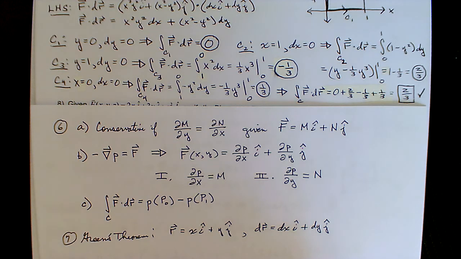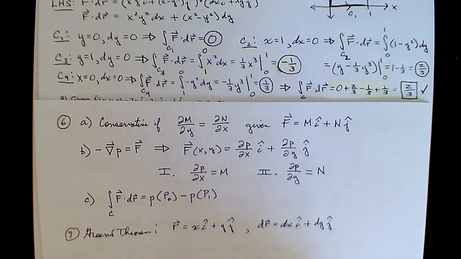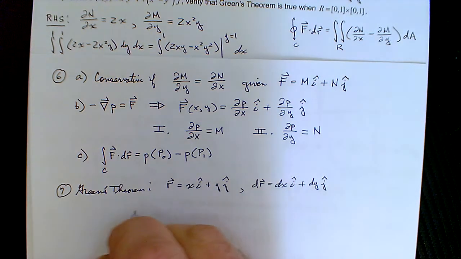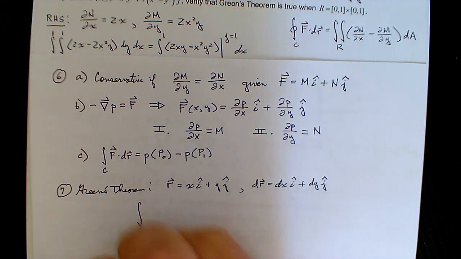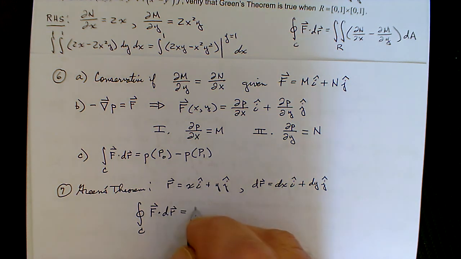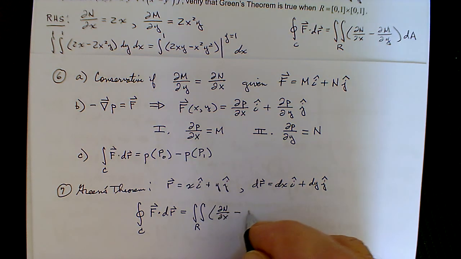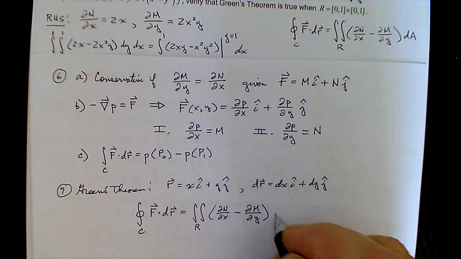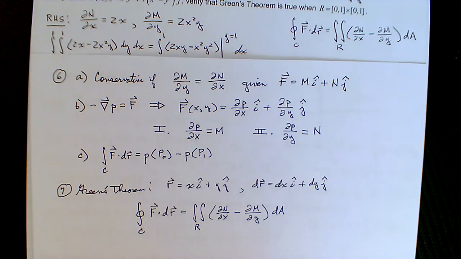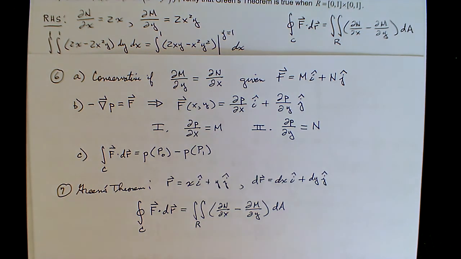And Green's theorem, I stated it in the context of this solution up here for us. So it's right here, but just to restate: the line integral along a closed path of f dot dr is equal to the double integral over the region of the partial of N with respect to x minus the partial of M with respect to y, times the differential of area.